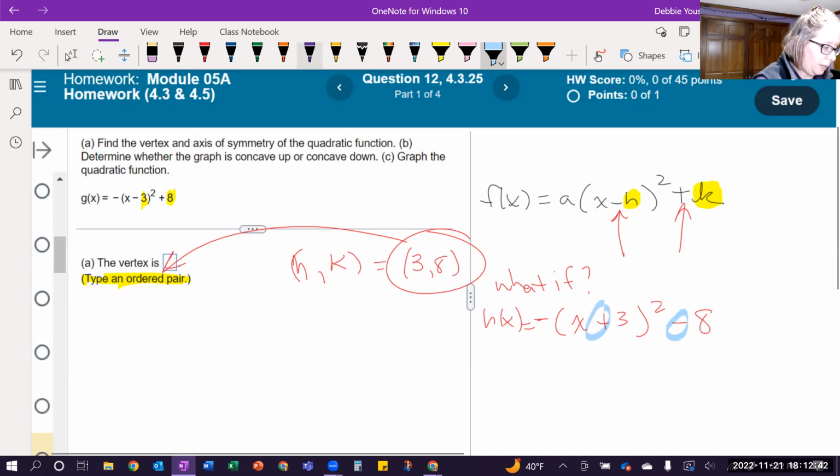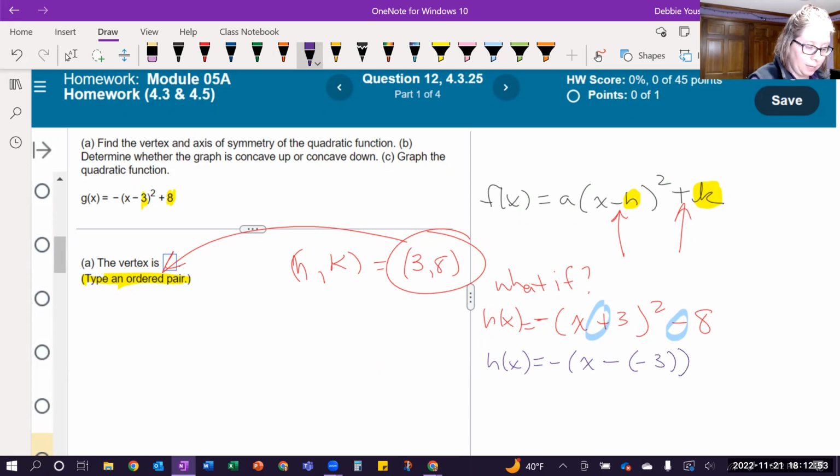So what this tells me is that instead, this function was negative of the quantity x minus a negative 3 squared plus a negative 8. Because normally we don't write a subtraction of a negative, we change it to a plus. And so that gets rewritten as a plus.